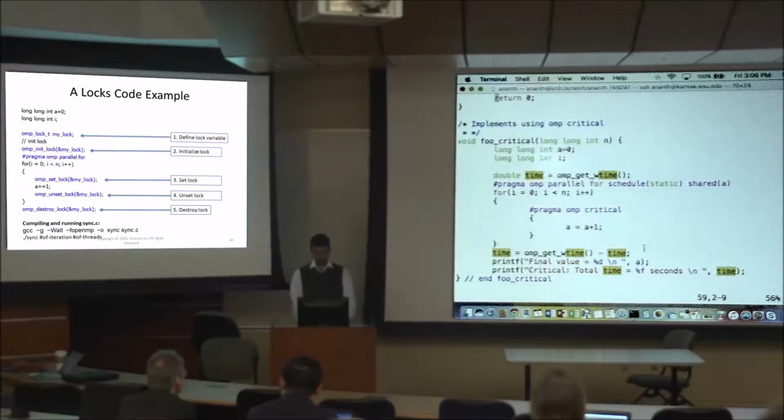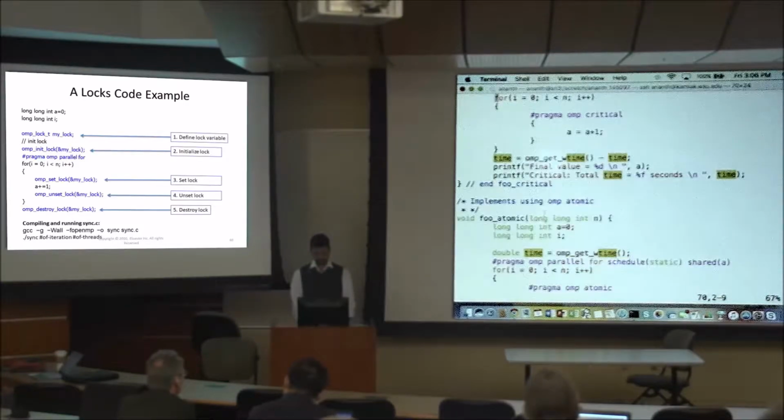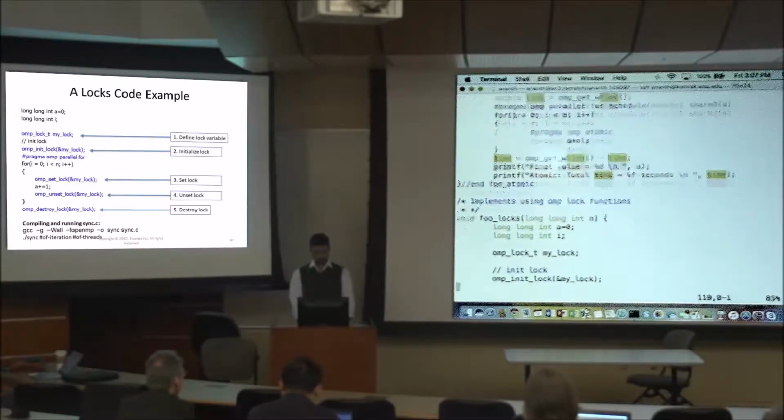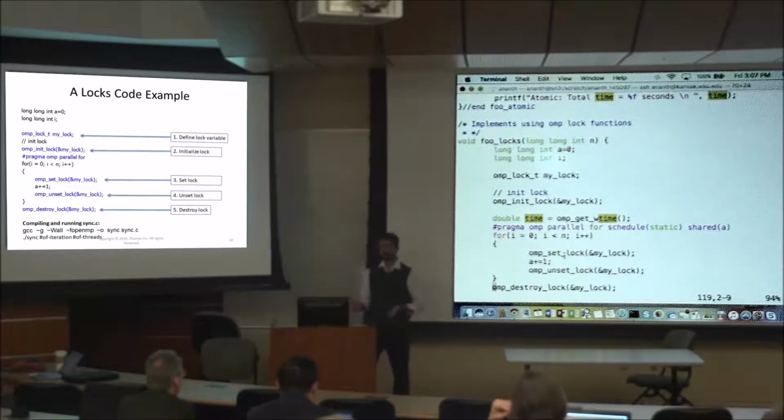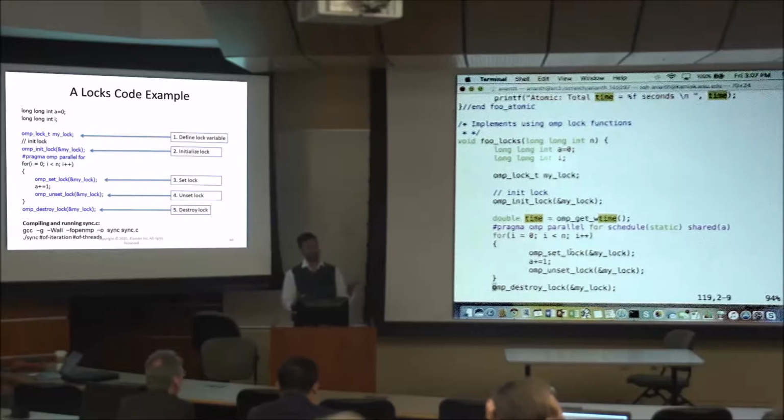One is foo critical, which uses a critical section, and then foo atomic, which essentially replaces critical with atomic, and then the third was foo locks, which basically uses lock syntax. So 3 different ways to implement the same functions. You might see differences in performance, so I've timed it. You can play with that and see, right?